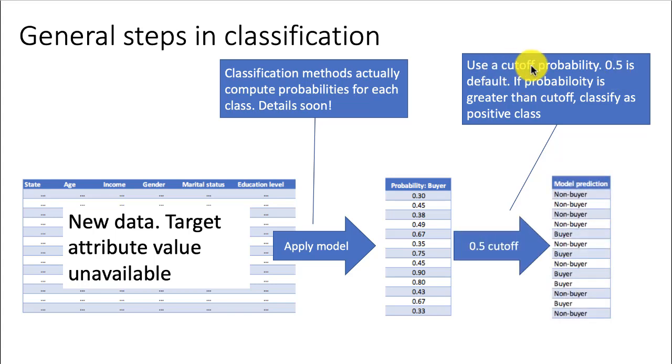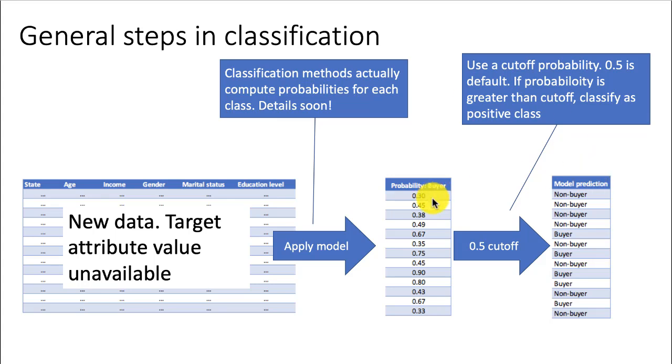In this particular case, we are using a cutoff of 0.5. What we are really saying, therefore, is if a case has a probability of 0.5 or more of being a buyer, then we are going to classify them as a buyer. Less than 0.5 becomes a non-buyer. So we are taking the probability and converting it into an actual class.